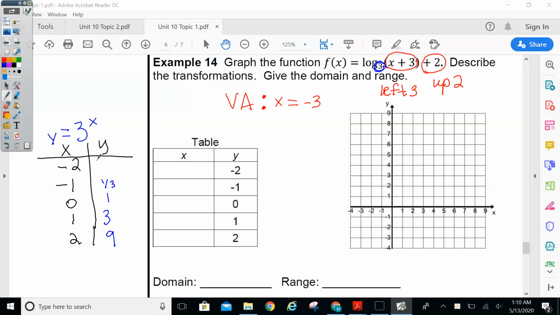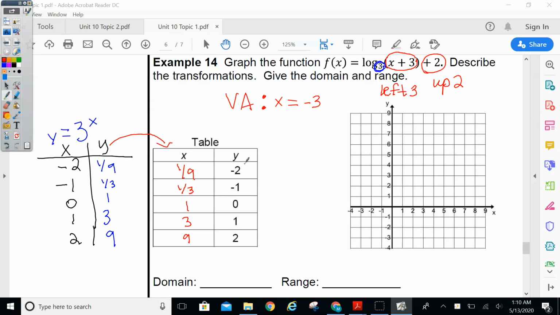And -2 would be 1/9. But then we just switch them around. So now these become the x's, 1/9, 1/3, 1, 3, 9. So I'm going to graph this one.